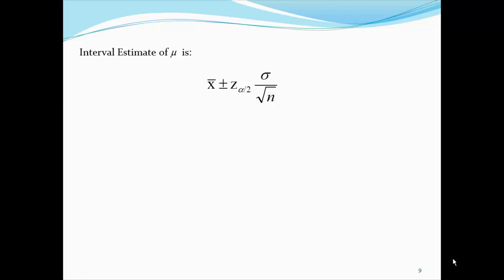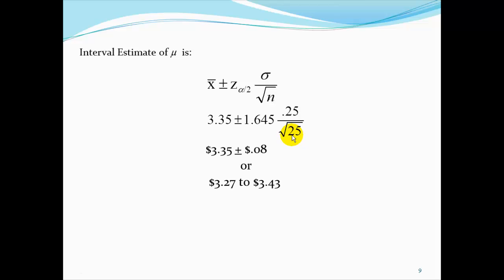Returning to our formula for estimating the population mean, we can now plug in the x bar from our problem, our z alpha over 2 value, our population standard deviation value, and our n value. You should always start by computing the error section of the problem. That's everything after the plus or minus symbol. In doing this, we see that our formula becomes $3.35 plus or minus 0.08, or 8 cents for this problem.